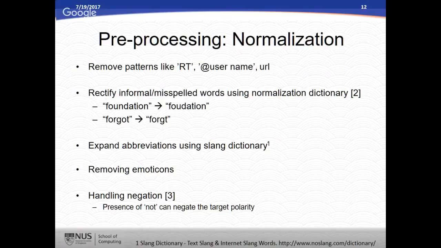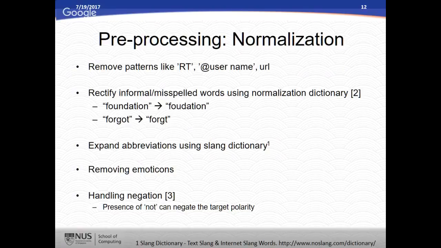Since there are a lot of misspelled words, you have to use some kind of dictionary to correct the misspellings in your tweets. You can also use tricks like expanding abbreviations using a slang dictionary. I have mentioned the slang dictionary over here. It contains all the common internet slangs, and you can expand them and use them to augment your tweet. You also have to remove the emoticons because those are not there in word2vec or anything.